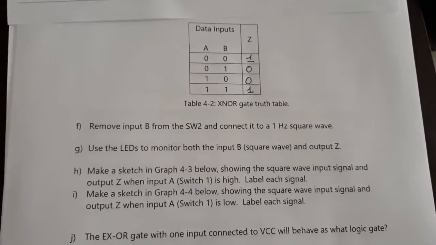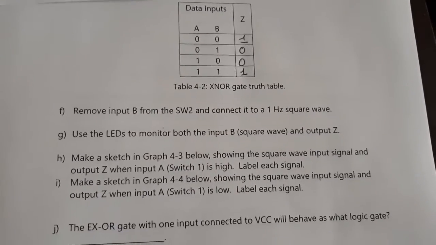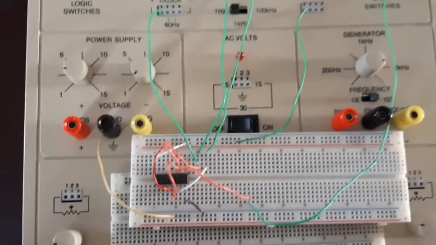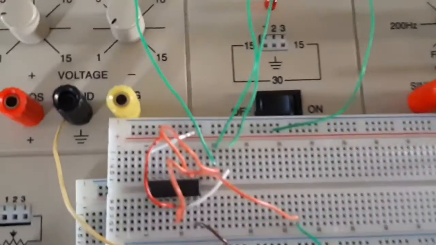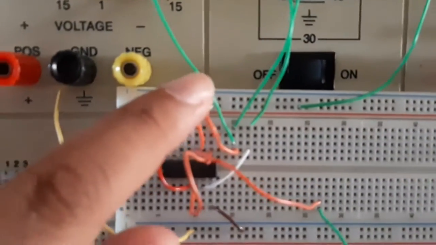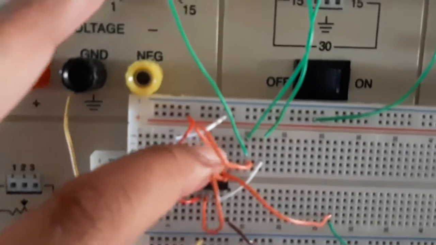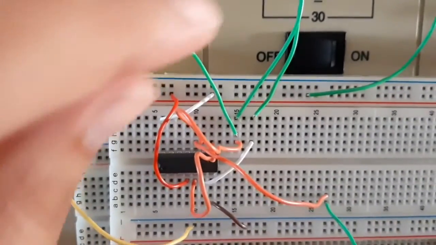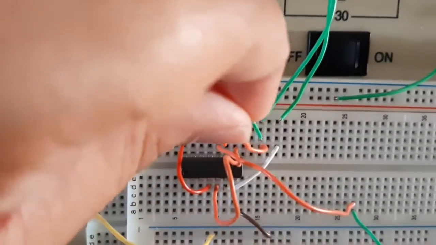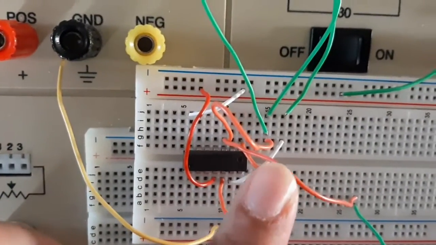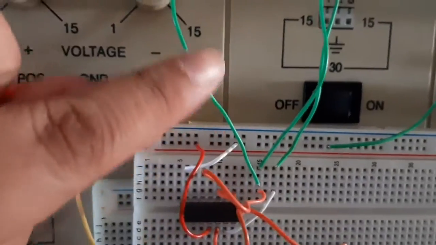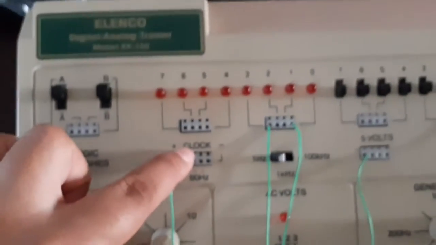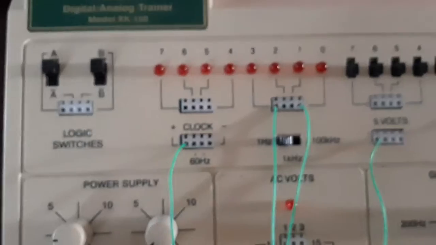So now moving on to part F, it says remove input B from switch 2 and connect it to a 1 Hz wave. And I have that here. The only difference between this and the other circuit is that I removed switch 2, and now I have my input B, which is pin number 9, connected to the 1 Hz square signal.